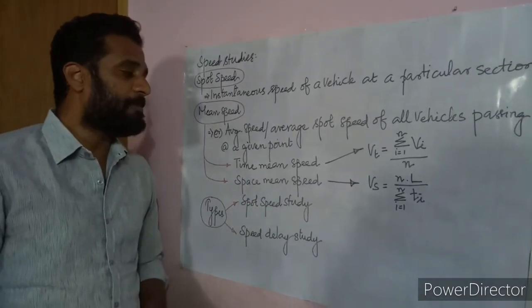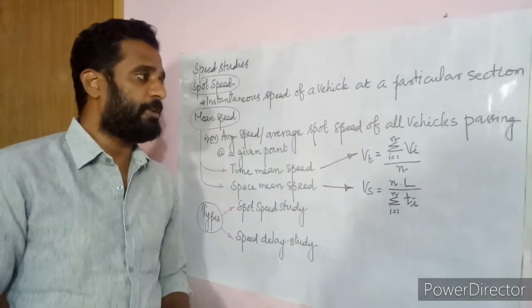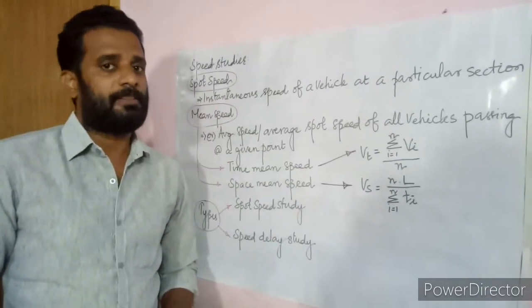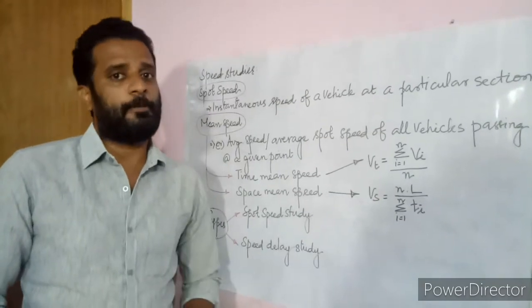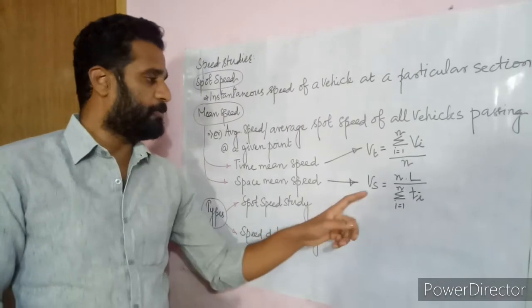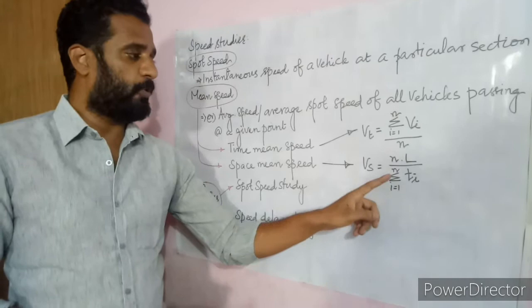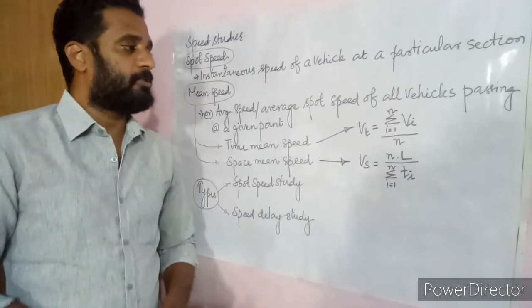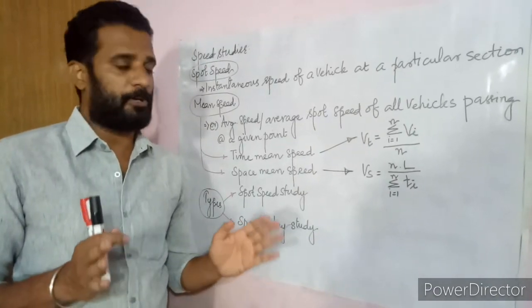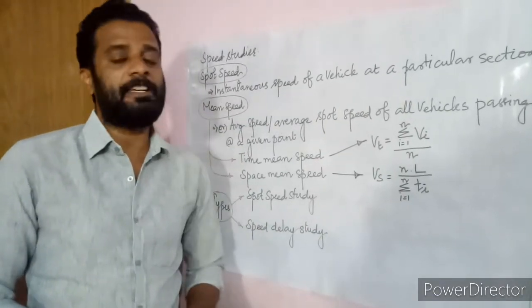The time mean speed is calculated using Vt equals summation of i equals 1 to n of Vi divided by n, where Vi is the velocity of the vehicle and n is the number of vehicles. The space mean speed is calculated using Vs equals n into L divided by summation of i equals 1 to n of ti, where n is the number of vehicles, L is the length of the particular section of interest, and ti is the travel time.